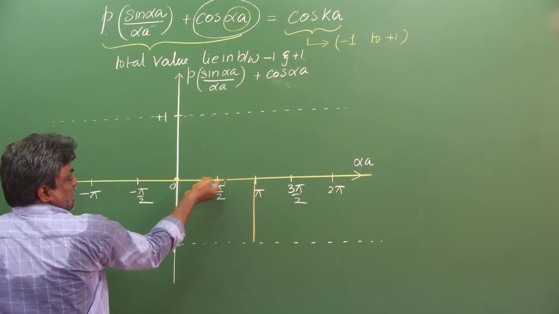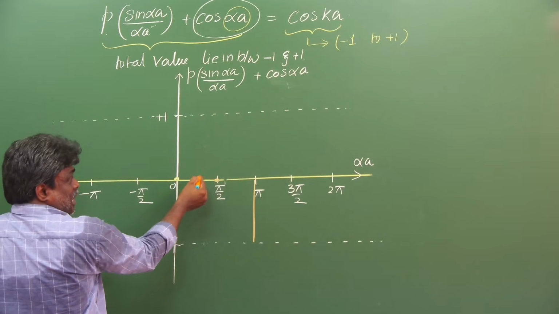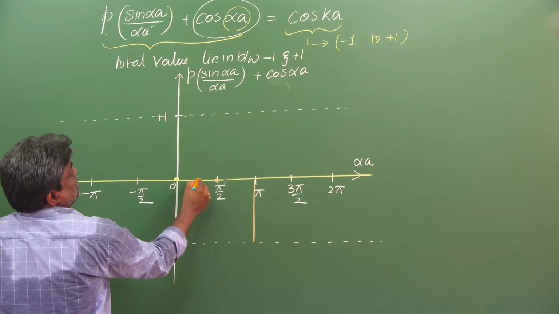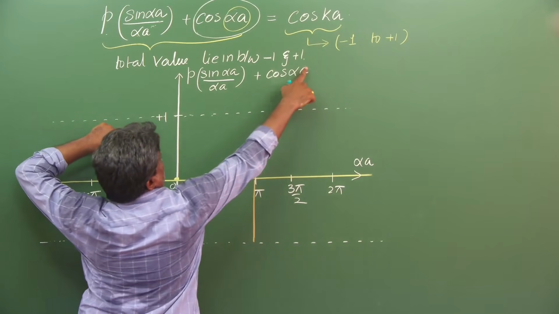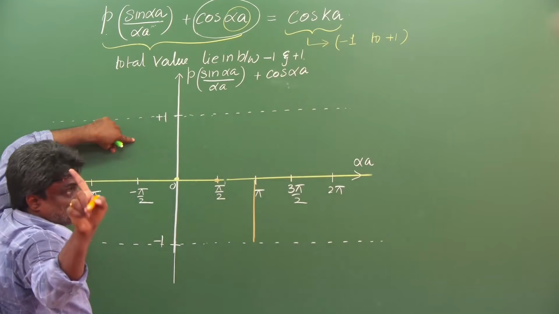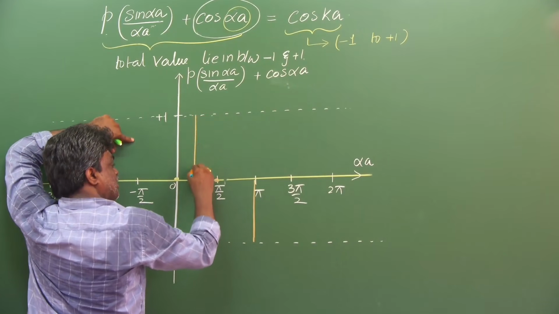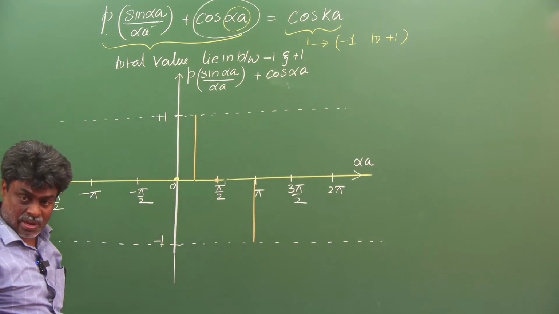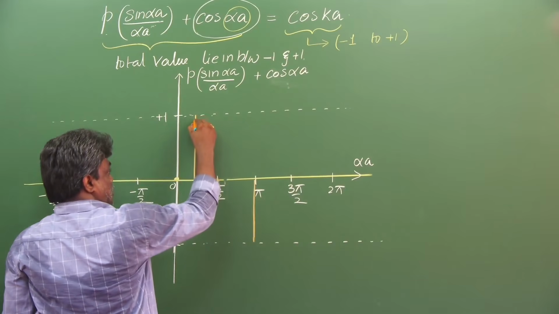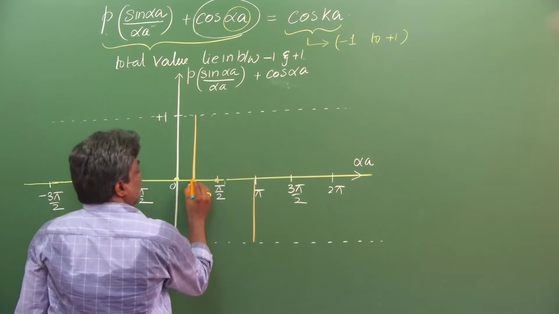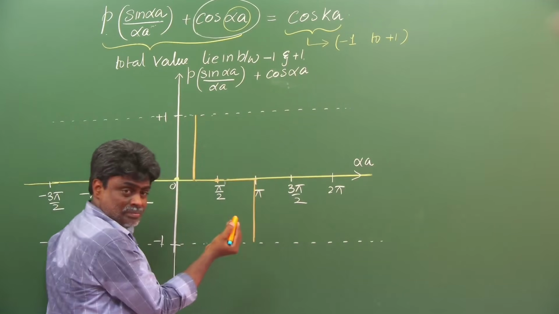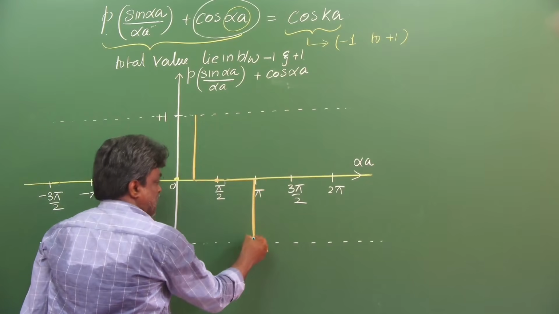But I am taking like that. And again it is coming close to 0, somewhere cos alpha A 0, how much is it? Say yes or no? Somewhere. That means plus 1, again it becomes 0, again it becomes minus 1.